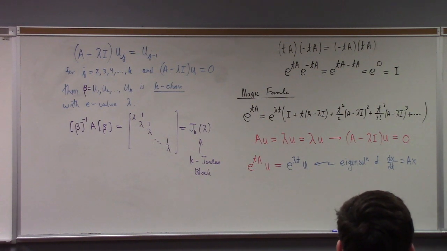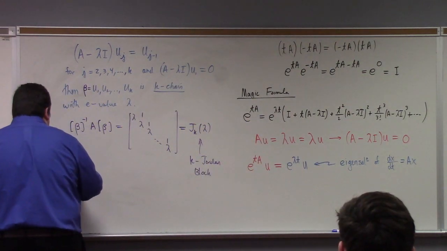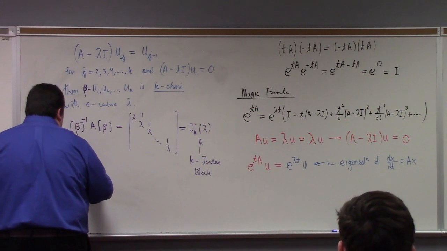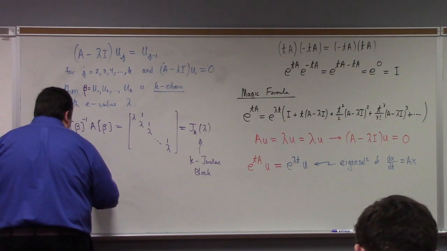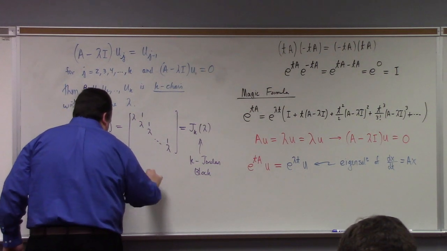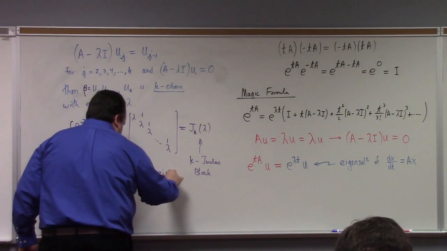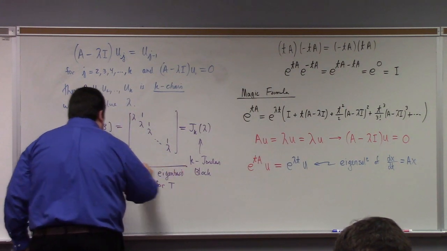Here's the theorem. T is diagonalizable if and only if there exists an eigenbasis for T. That's the theorem.